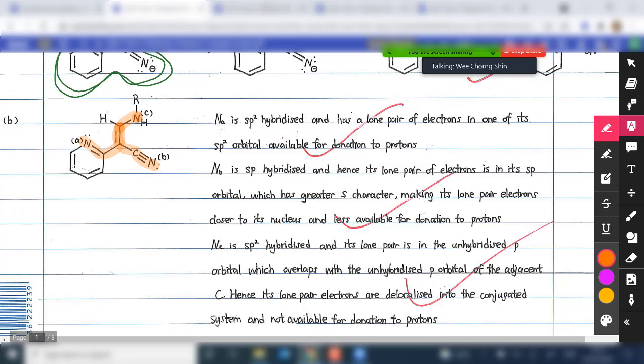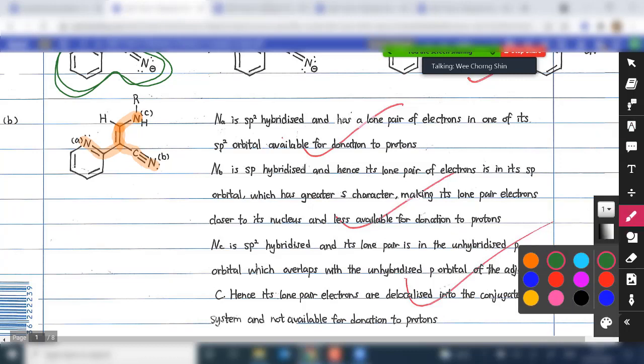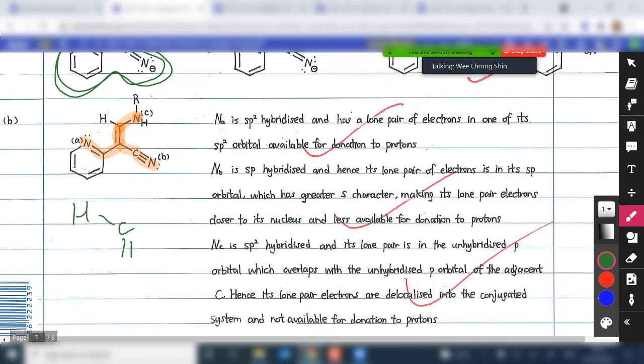You will ask how we will know. The truth is we don't know for sure, because the system always has a choice. If it prefers to be sp3 hybridized, the overlap will be at an angle.